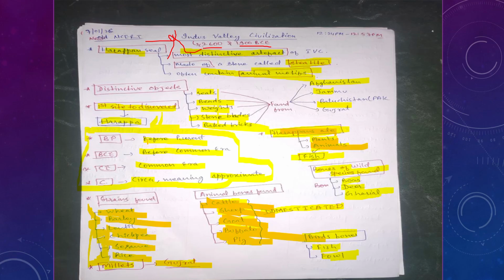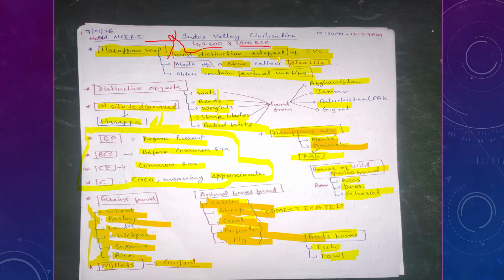The most significant distinctive artifact of the Indus Valley civilization were the Harappan seals, and they were made up of a stone called steatite.